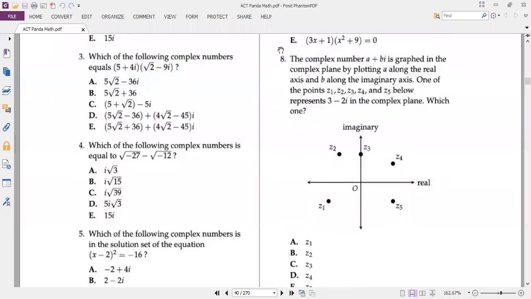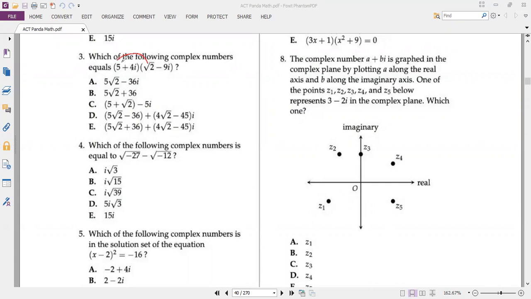Number 3, which of the following complex numbers is equal to one of those? It's very easy, but take care and do it as quickly as possible. We can check with a calculator, if you have a calculator adapted for complex numbers, but without a calculator it's also easy.